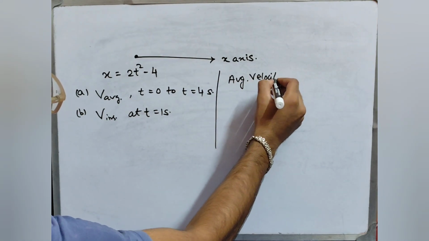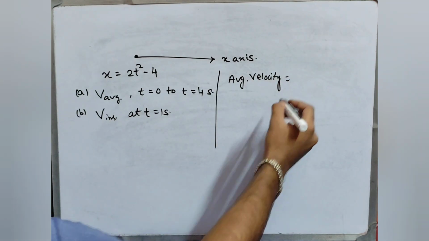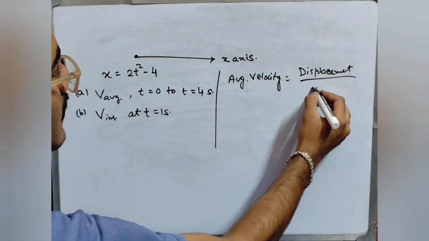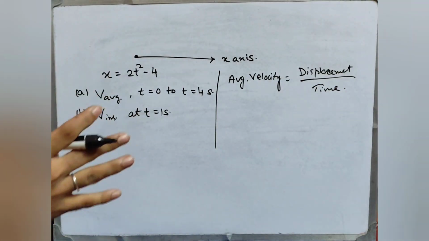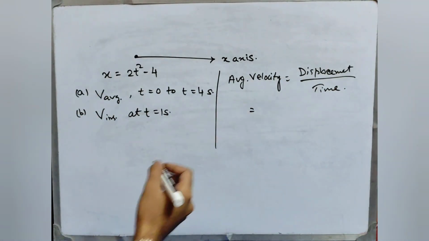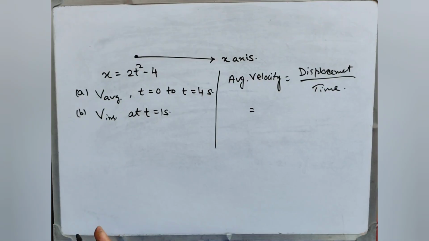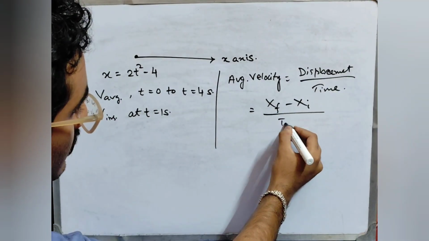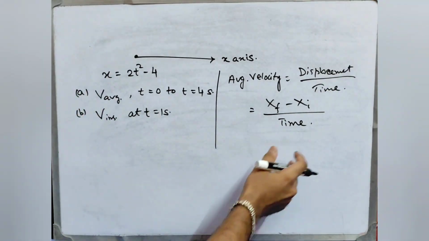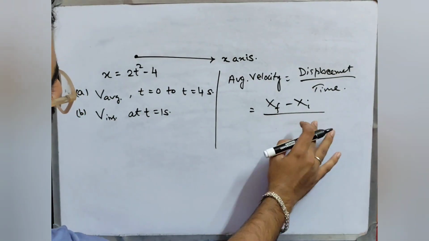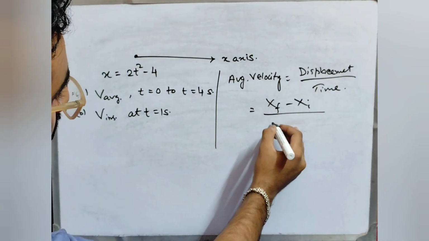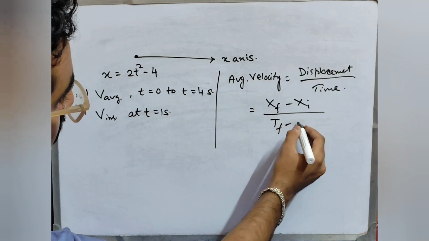In question number 1, average velocity is equal to displacement by time. Displacement is the final position minus the initial position, divided by total time, that is t final minus t initial.